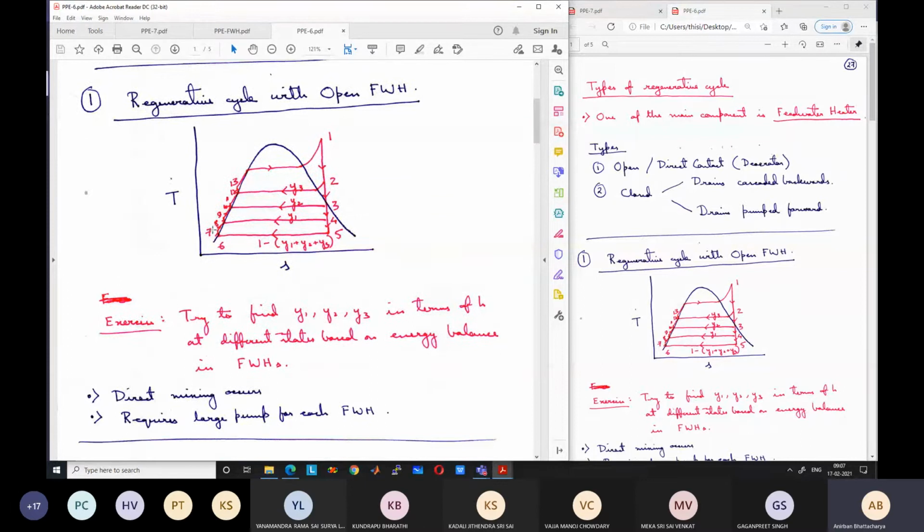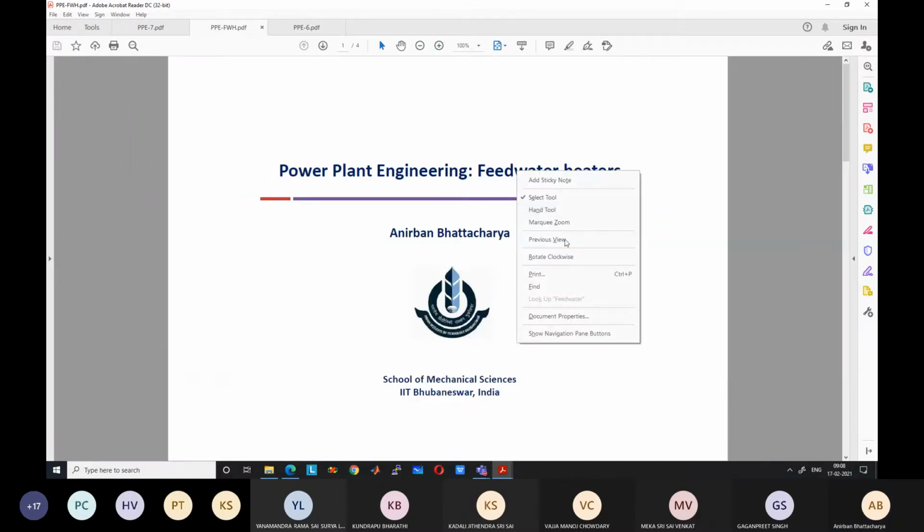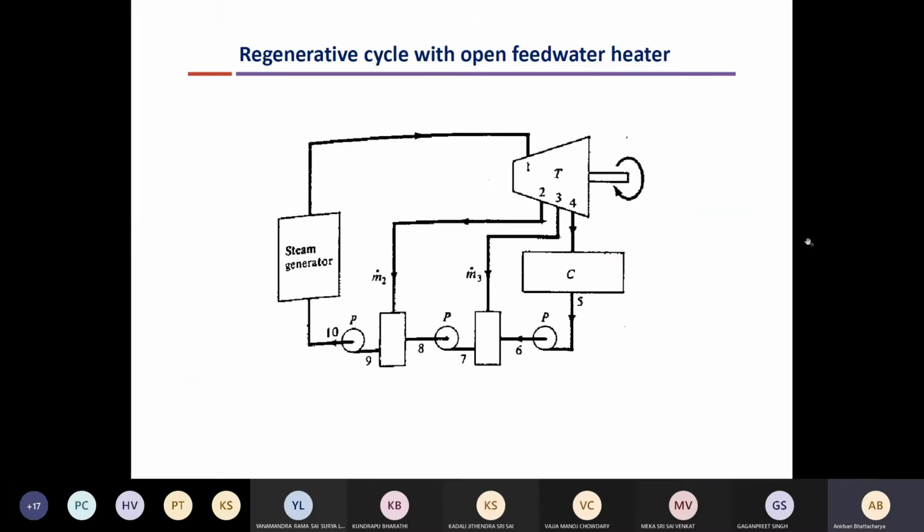Okay. So in the open feed water heater, today also I have the slides to show the component diagram. So let me go through them first. These are just taken from the book itself, that's why the diagram quality is not good.